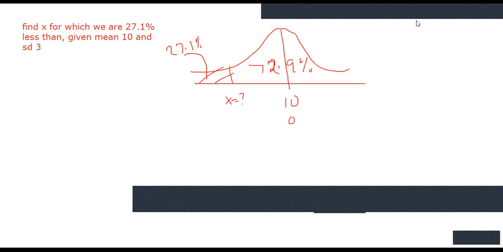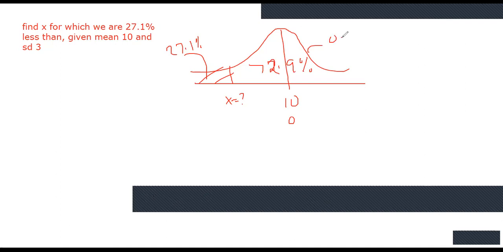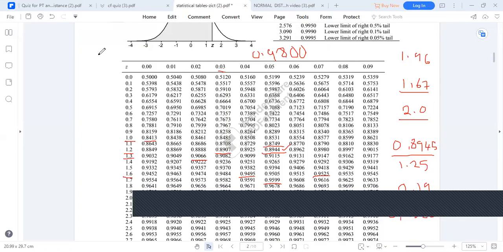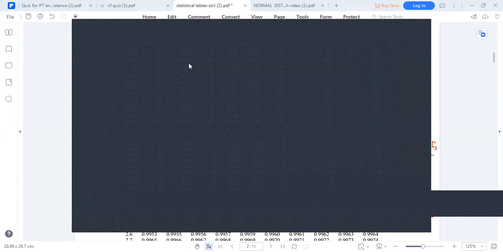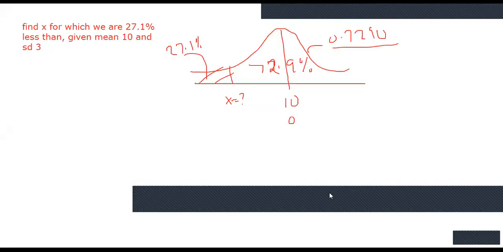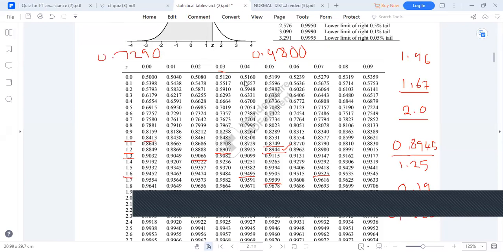72.9 is the same as what? 0.729. So look for 0.7290. So what are we getting?